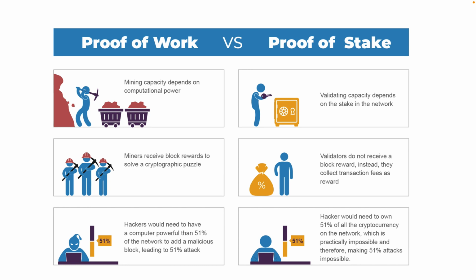So let's use Ethereum as an example. One Ethereum coin costs more than $1,000. If an attacker wants to attack the Ethereum proof of stake network, he needs billions or even trillions of dollars to get 51% of the coins. This cost is too high to operate an attack.